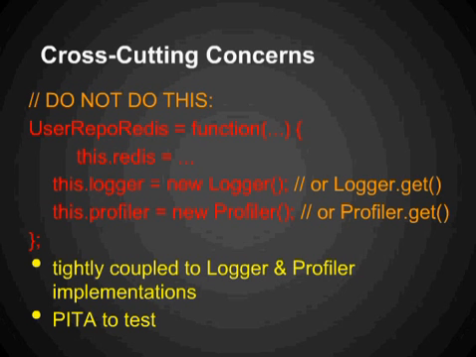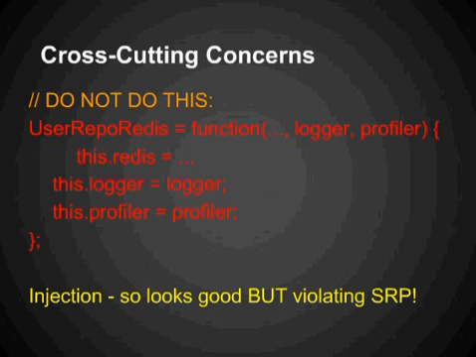And again, we don't want to tightly couple ourselves to logging and profiling, because there could be pieces of our application that want to use user repo Redis but don't want logging and don't want profiling, and they shouldn't be forced to have them. Again, this is a pain to test when we bury these objects within our implementation. So we know we don't want to do that.